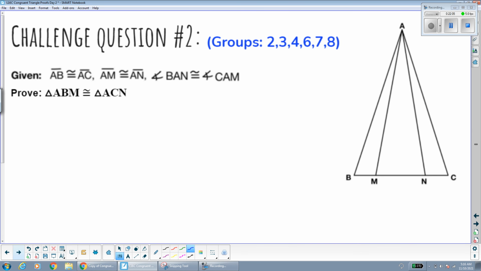This question over here was a little bit more complicated. We're told that AB is congruent to AC. We're told that AM is congruent to AN.